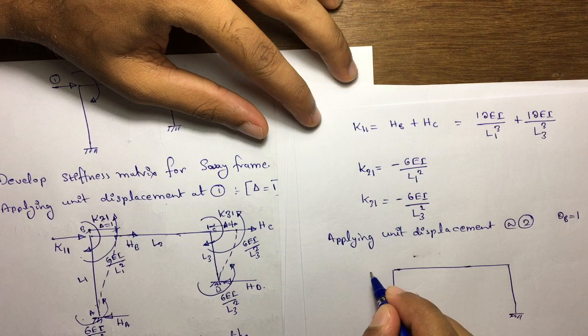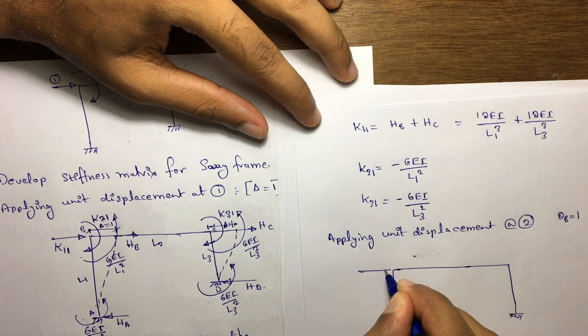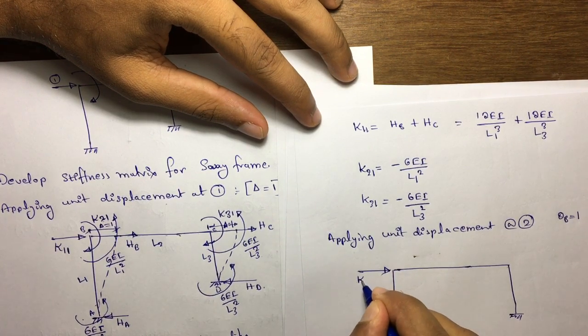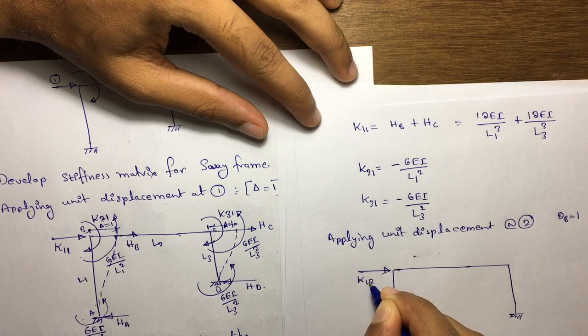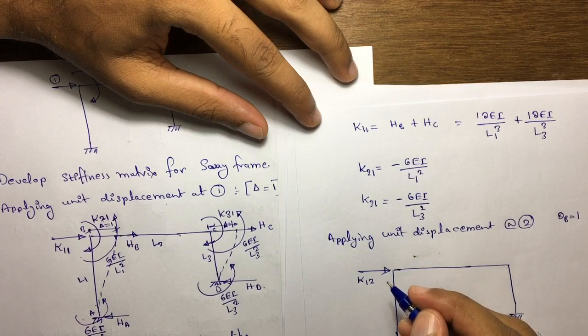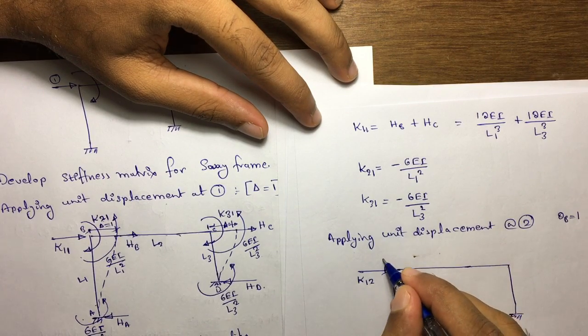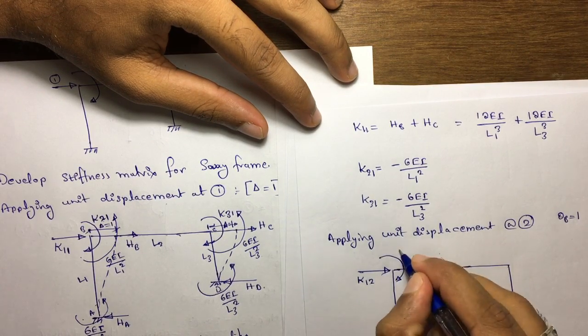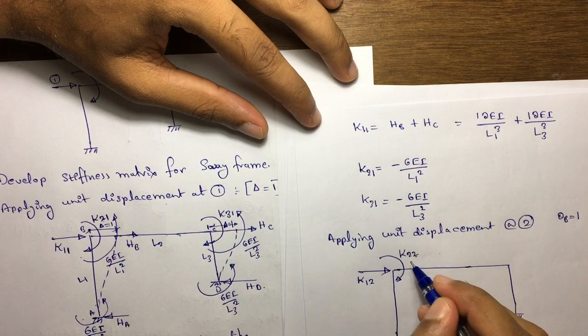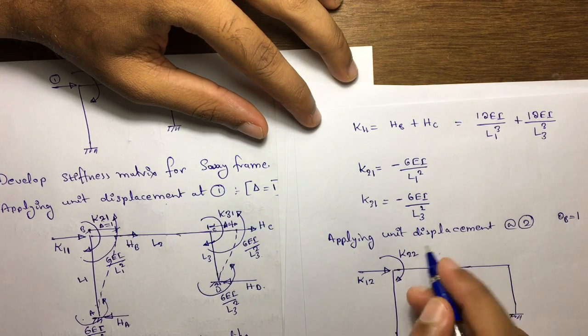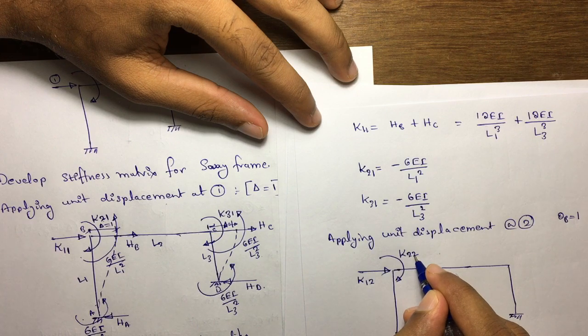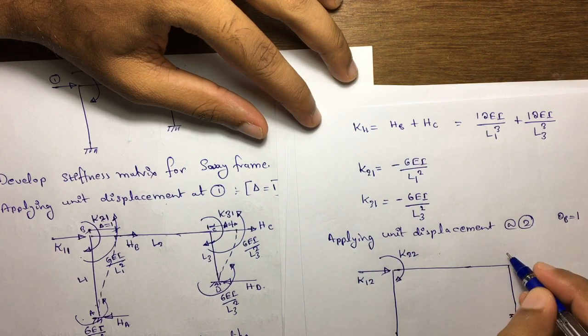so our first coordinate, that is here horizontal, that is K12, force at 1 due to deflection at 2. Again same here, K22, moment at 2 or force at 2 due to unit displacement at 2.